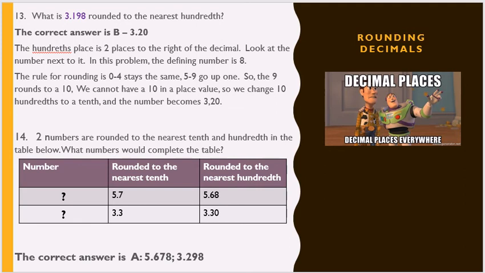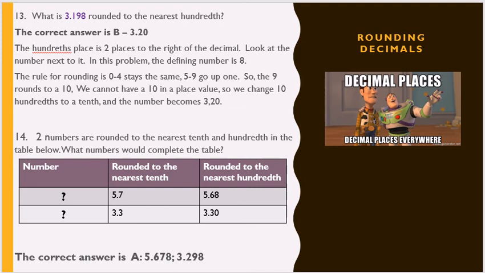Okay. If you're looking at the 3.298 in the second line, rounded to the nearest tenth, you have a 2 in the tenths place. Next door is a 9. So using your rule of 5 to 9, your answer would go up 1. So your 3.2 would then become 3.3.